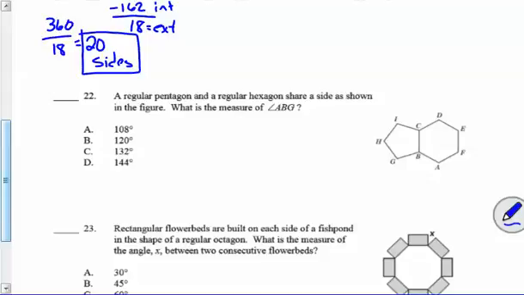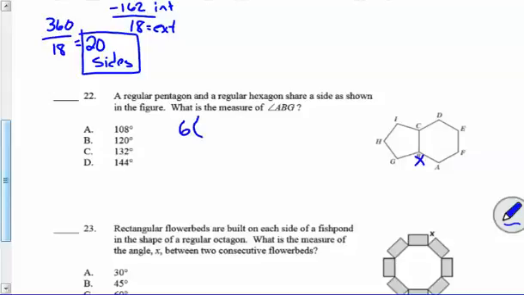We're trying to find the angle ABG. So that's x. Again, this is a central angle. Central angles have to always add up to 360. So if I find ABC, that's a hexagon.